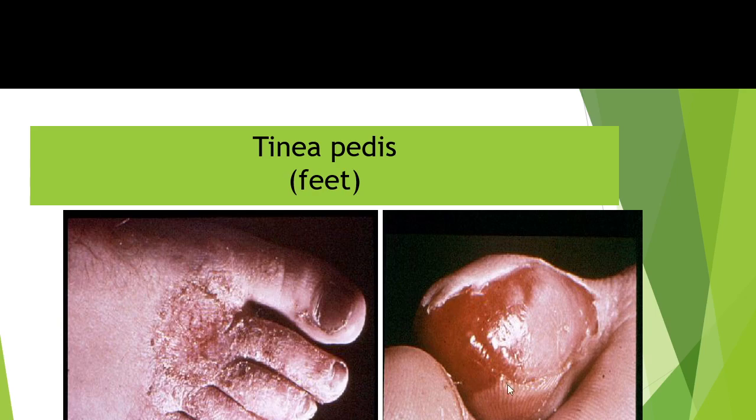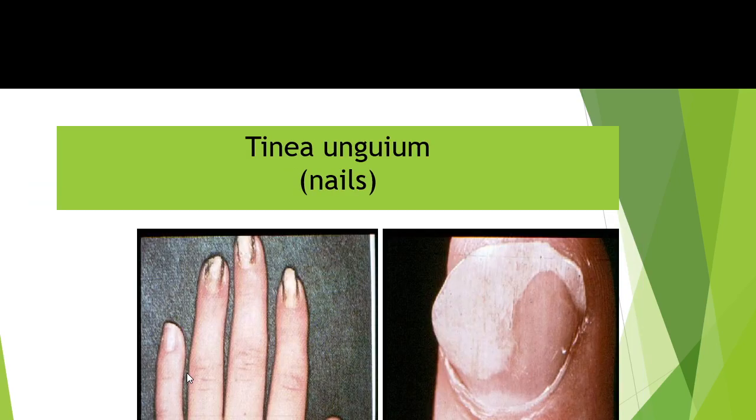This is another tinea lesion infecting the foot. It is shown in the big toe in this area, as well as in the other toes, and sometimes it extends to the dorsal aspect of the foot, scaly, erythematous, associated with pain and pruritus.